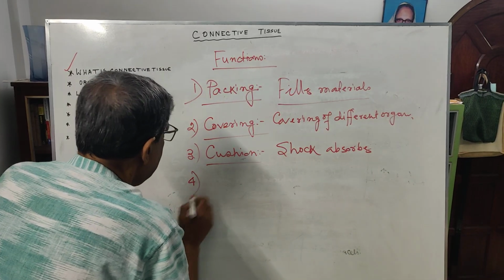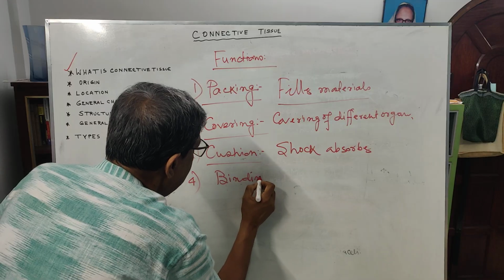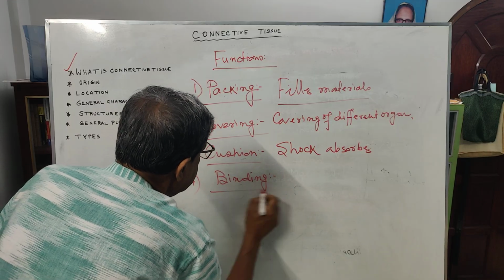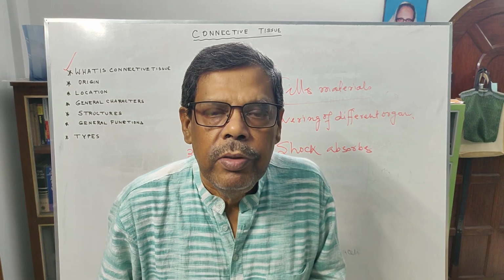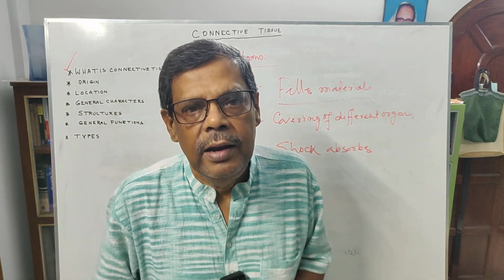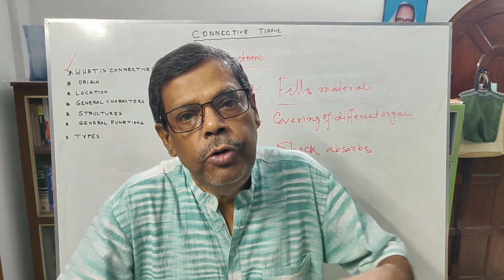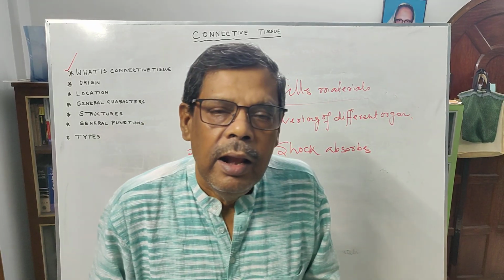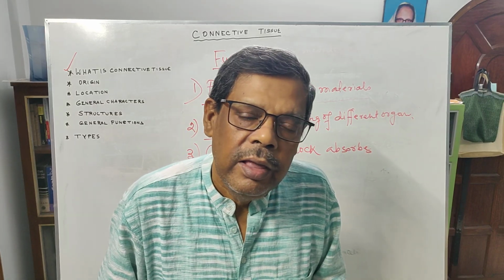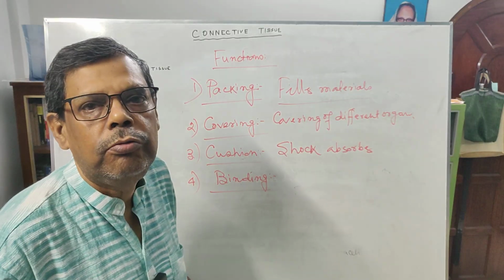Number 4, binding. It binds different organs, that is skin to muscle, bone to bone, bone to muscle. There are several types of organs bound by this tissue.